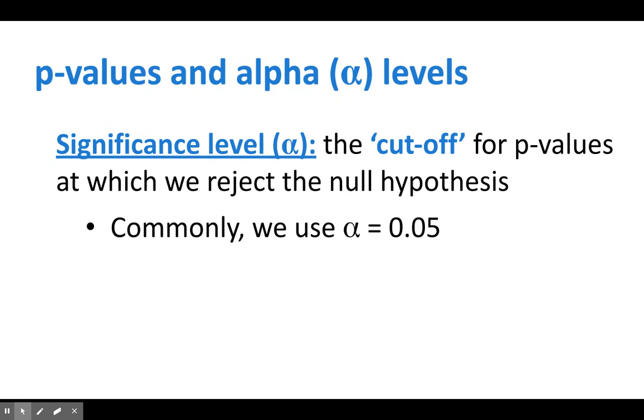That's the basic idea behind a hypothesis test. So the cutoff value that we use most often is 5%. If it's below 5%, it's just so unlikely that it must not be true.